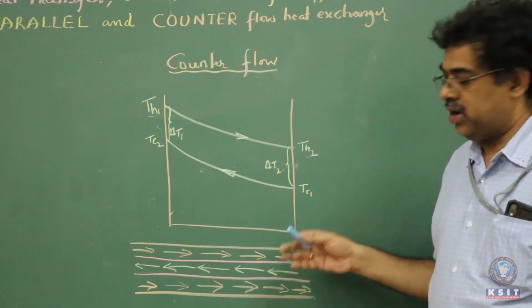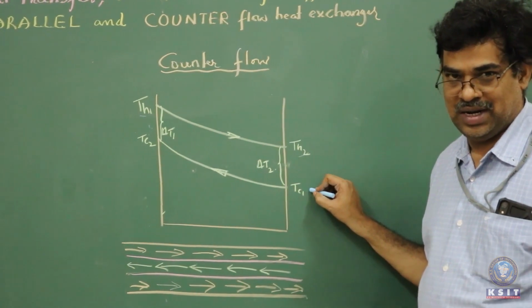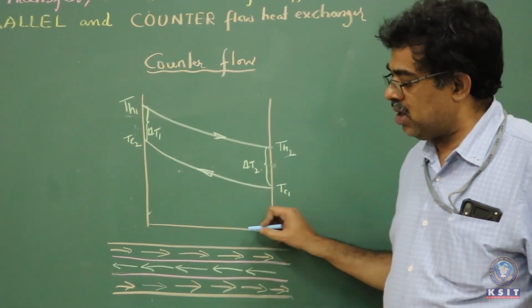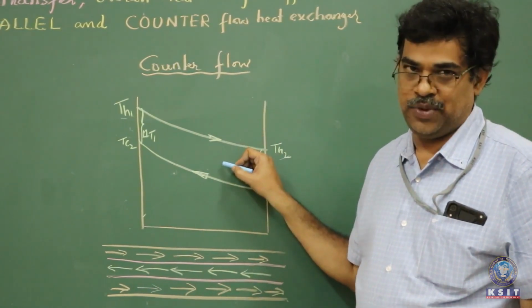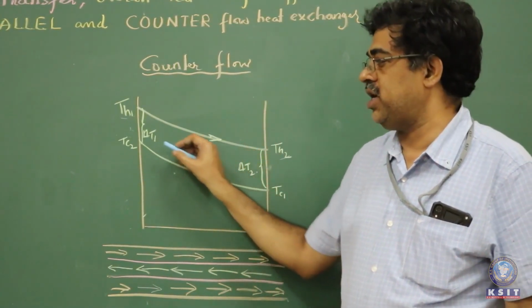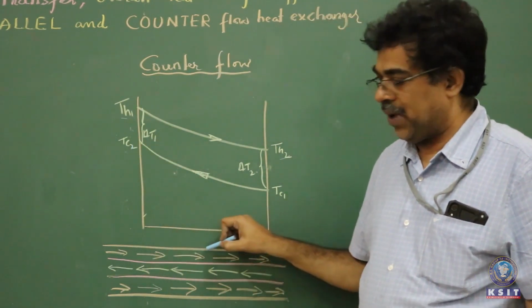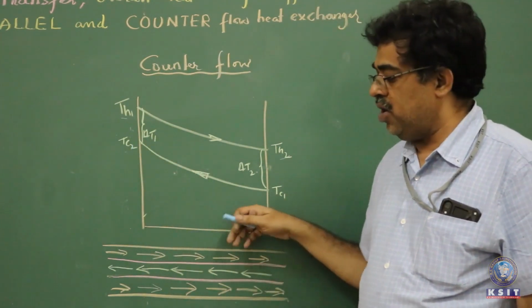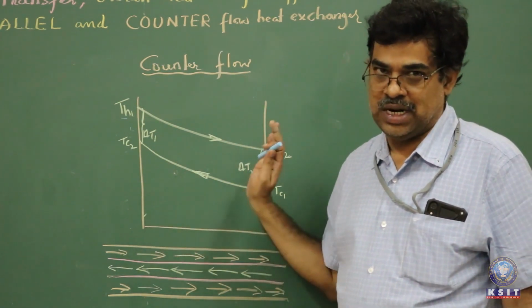Now the cold fluid is moving in the opposite direction. Initially it has temperature TC1. As it moves in the opposite direction, it absorbs heat from the high temperature fluid and its temperature increases up to TC2. Both are parallel, but moving in opposite directions.